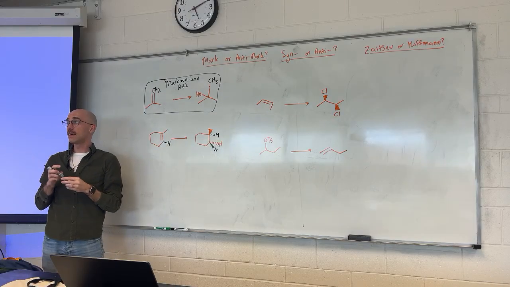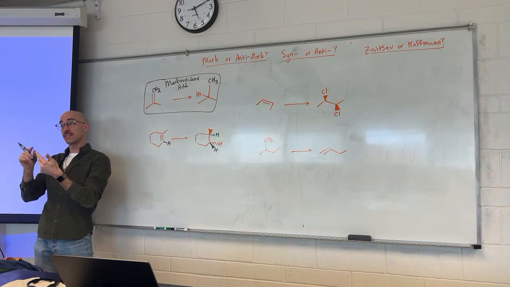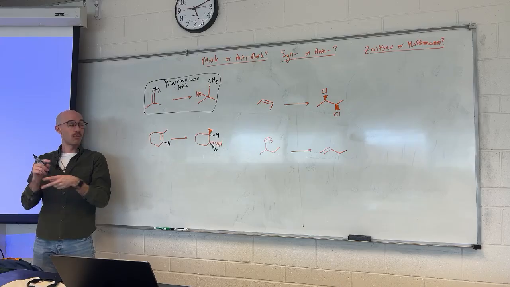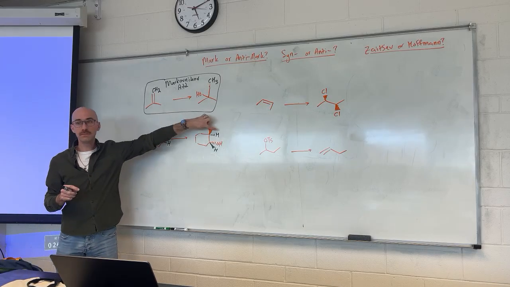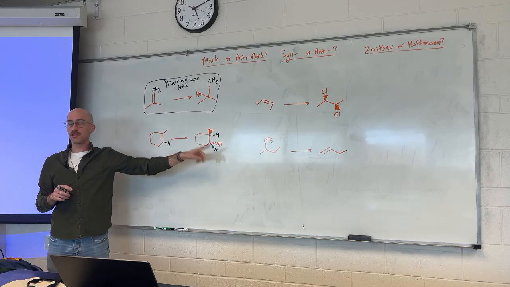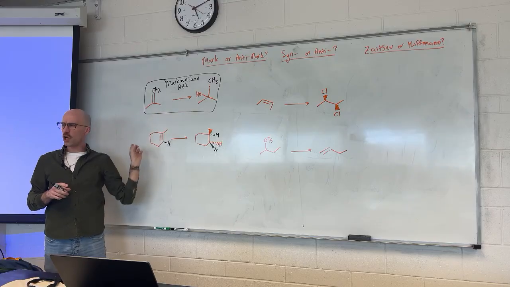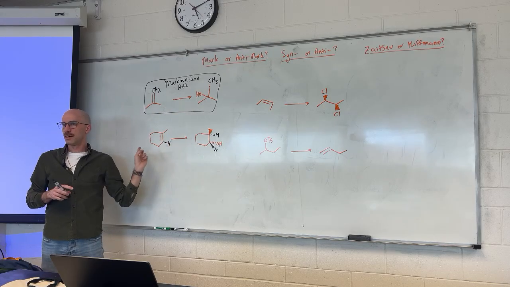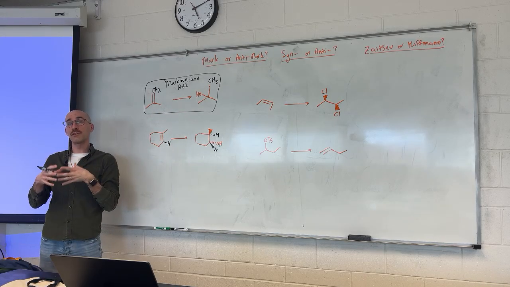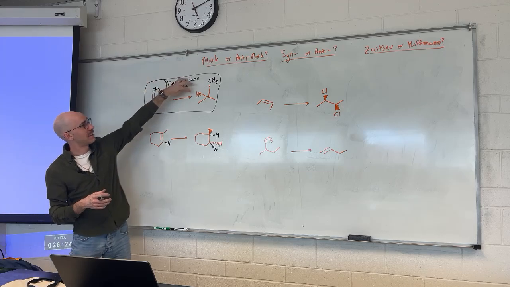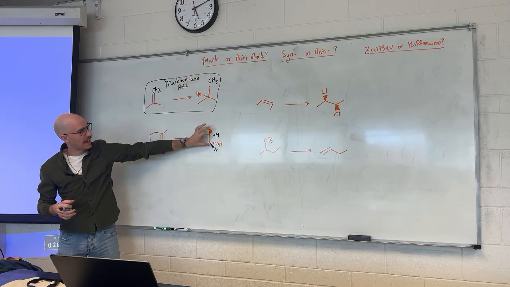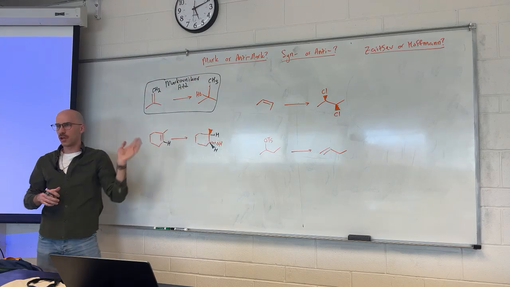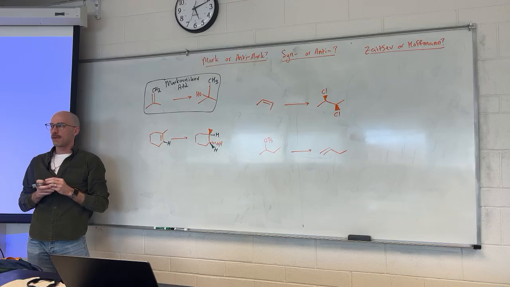Okay, so I had addition, which means I should have 2 groups added. One of them was a hydrogen. The other, again, was an OH. Both of these are considered hydration reactions because we add an equivalence of water. I added H and OH, H and OH across the pi bond. Was this also a Markovnikov addition?